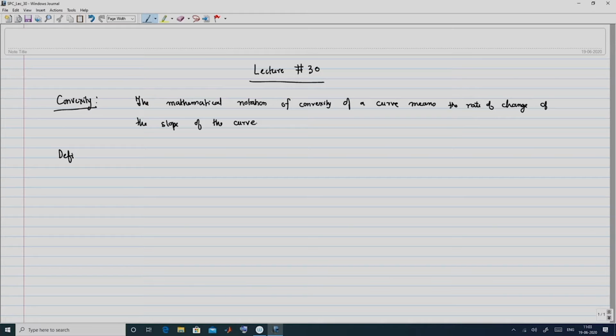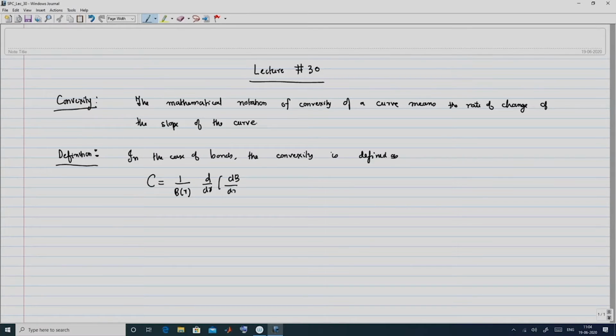So, more formally in the context of our discussion, I will start off with the definition as follows: in the case of bonds, the convexity is defined as C is equal to 1 over B(r) into d/dr of dB/dr, and this is 1 over B(r) into d squared B over dr squared.